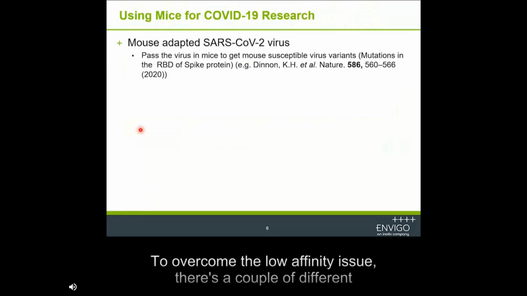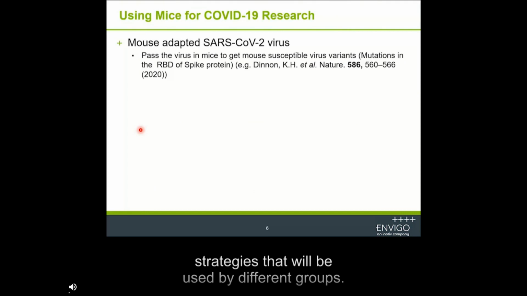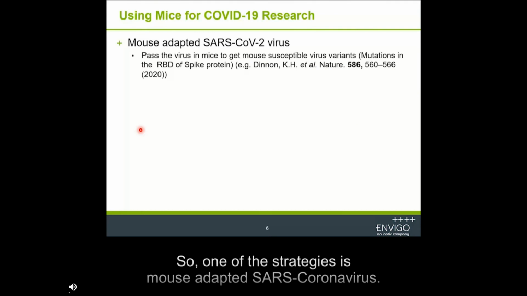To overcome the low affinity issue, there are a couple of different strategies used by different groups. The first strategy is to use mouse-adapted SARS coronavirus.